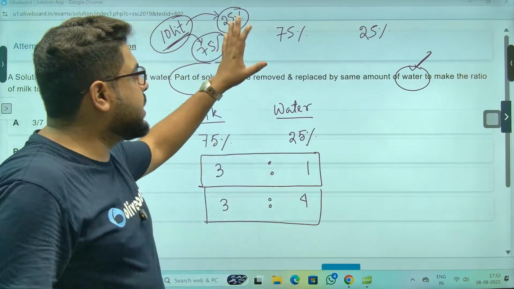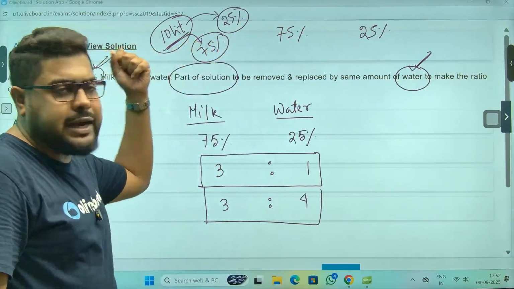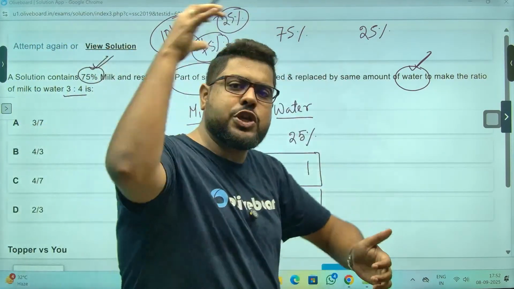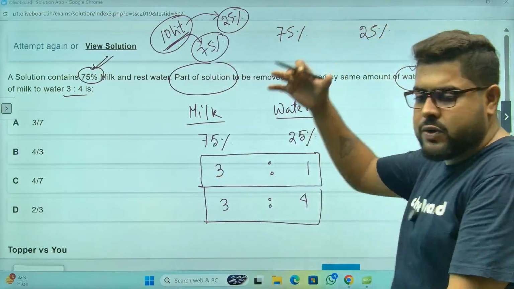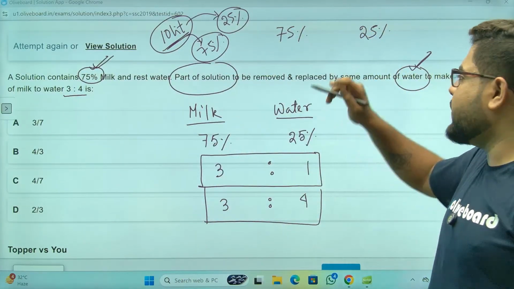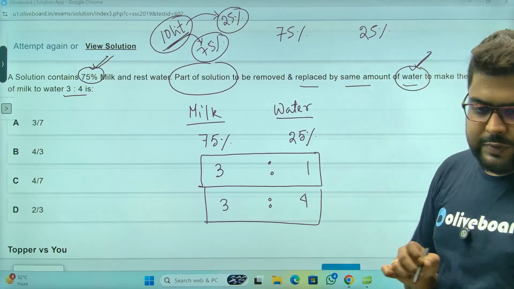Whatever was the initial ratio, in the same ratio milk and water will be gone. But again, I'm replacing this with the same amount of water.